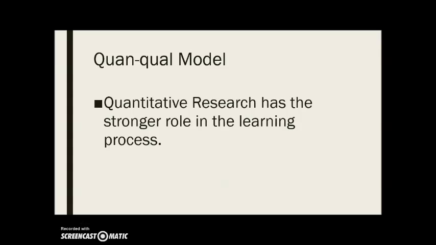The next is the quan-qual model. With the quan-qual model, the researcher is working towards the goal of analyzing quantitative data first and then leading into the qualitative data of the research, with quantitative research being the stronger role in the learning process.